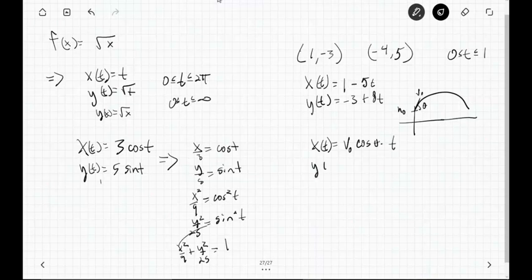That was from pre-calculus. And y of t is negative 1/2 g t squared. That's starting to smell a little bit like antiderivatives, right? That's going to be a negative, isn't it? Negative, because the acceleration is negative on it, plus v naught sine theta t, and then plus h naught.